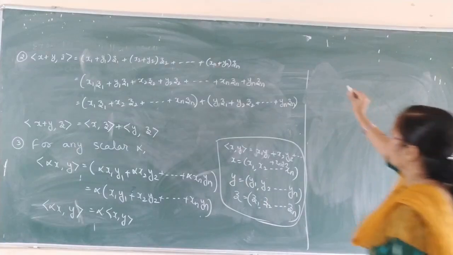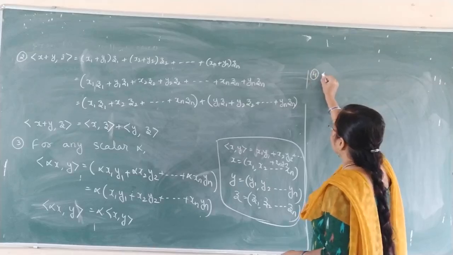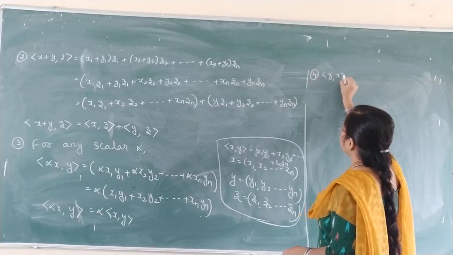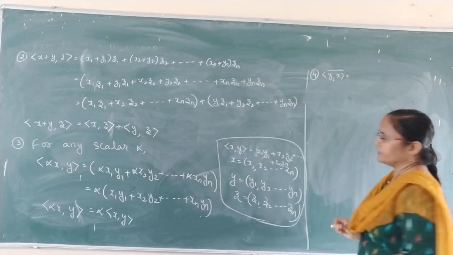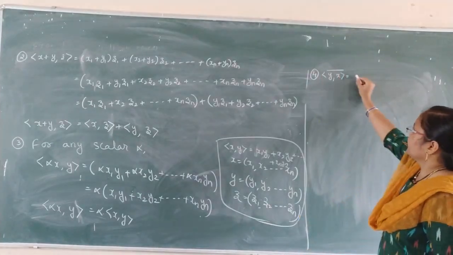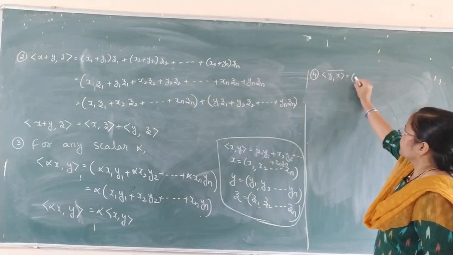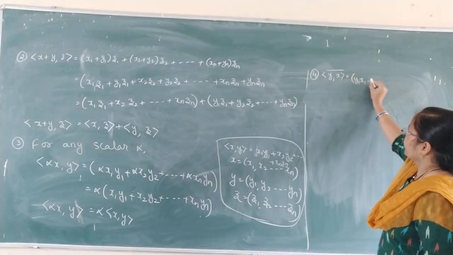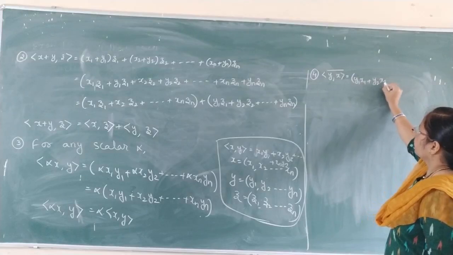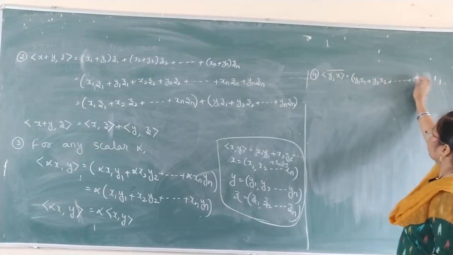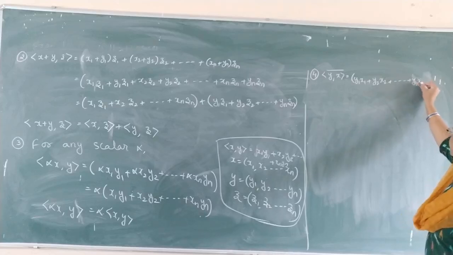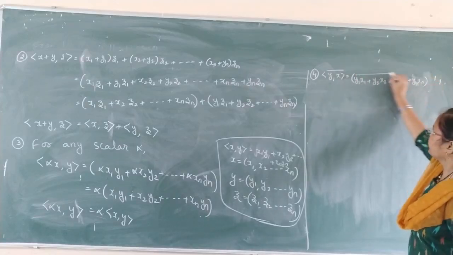The fourth one, the inner product of y comma x whole bar, we have to calculate. It is nothing but y1 x1 plus y2 x2, so on, plus yn xn whole bar.